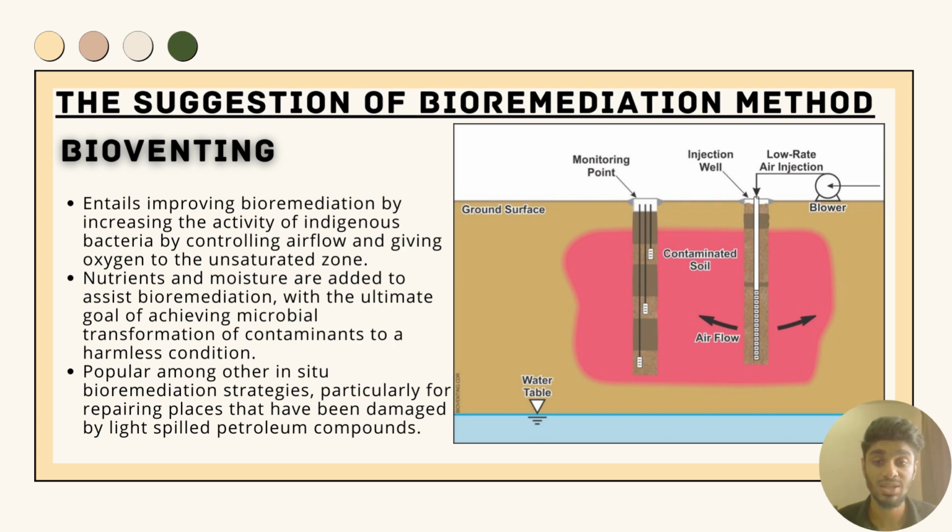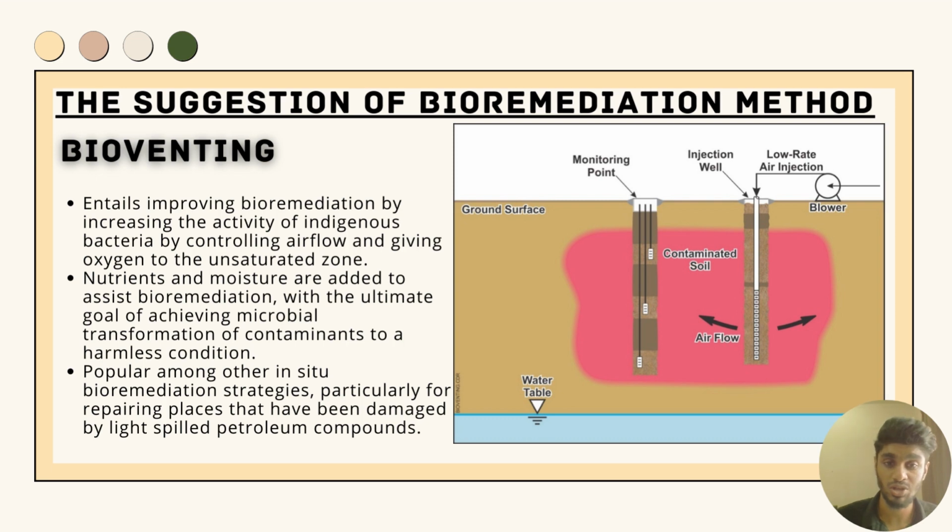Nutrients and moisture are added to assist bioremediation with the ultimate goal of achieving microbial transformation of contaminants to a harmless condition. This bioventing is popular among other in situ bioremediation strategies, particularly for repairing places that have been damaged by light-spilled petroleum compounds.